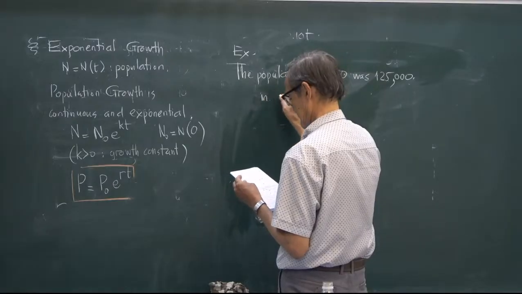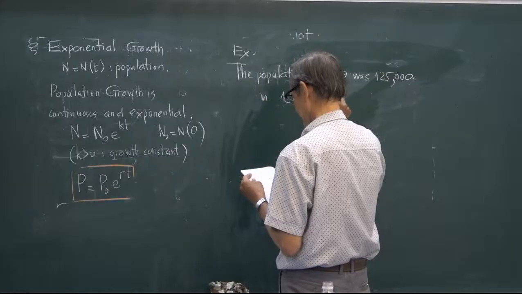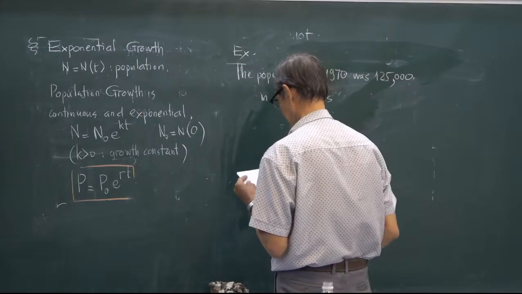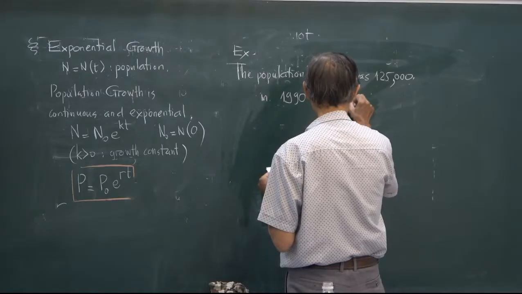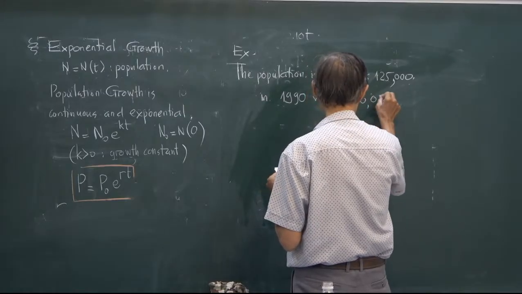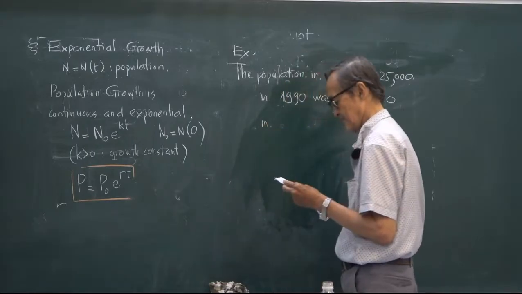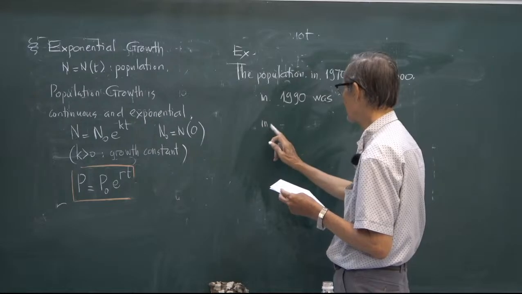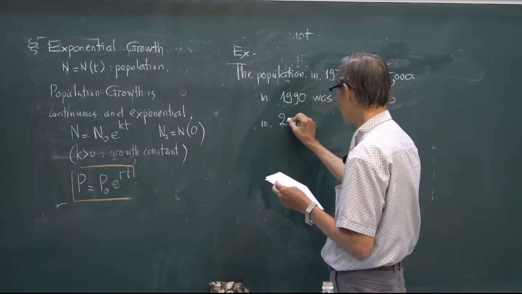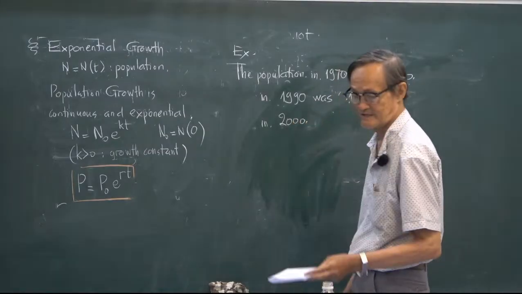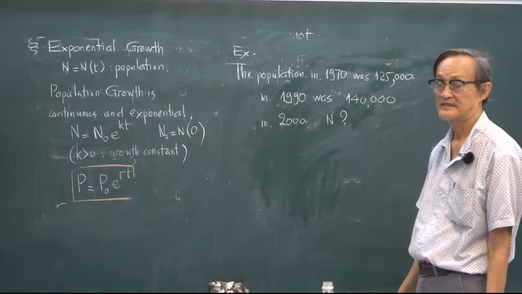In 1990 was 140,000. The question is, the population in 2000 is what?